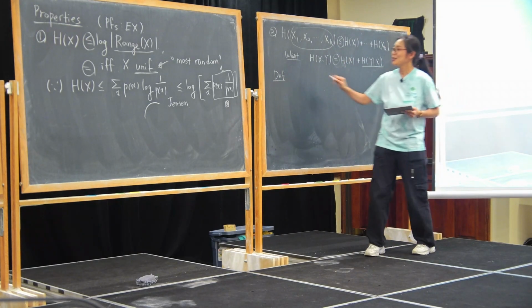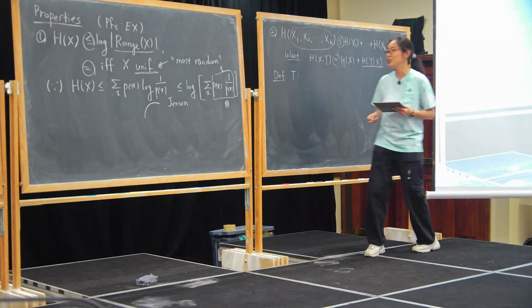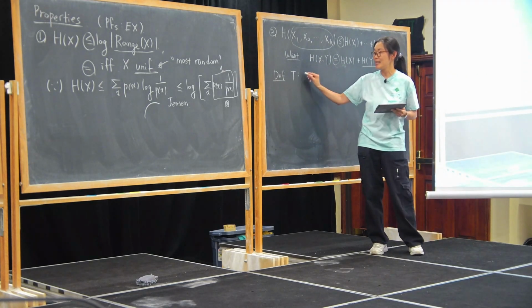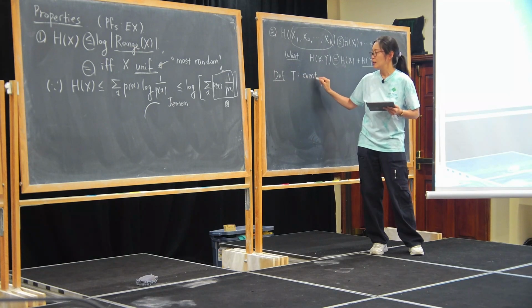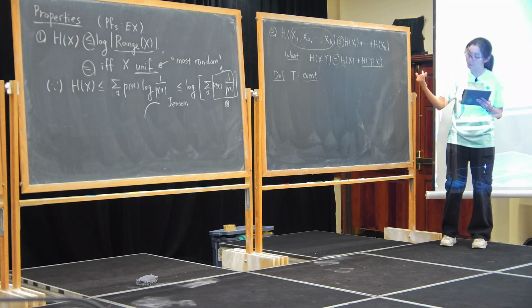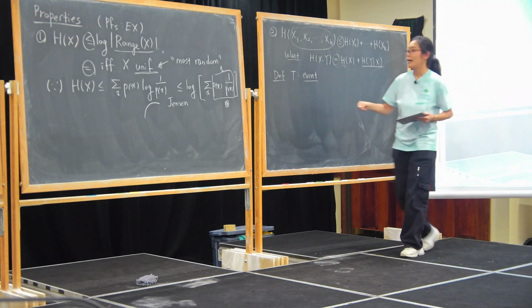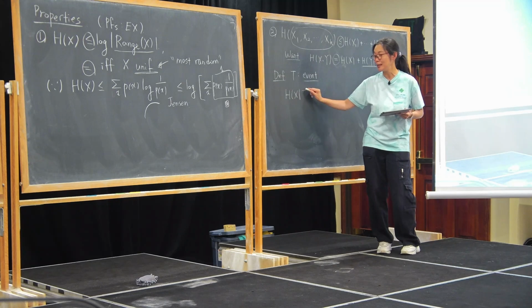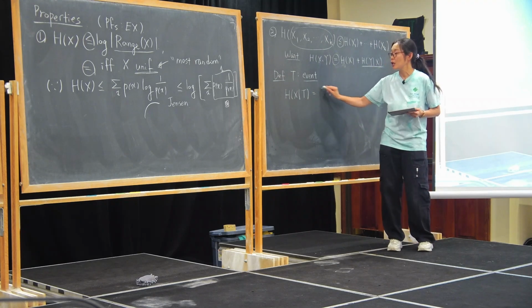So for this, we need some preliminary definitions. The first definition is conditional entropy given an event. In this case, T is an event. This is not a random variable, but a fixed event, and we define the entropy of X given the event T using the conditional probability.